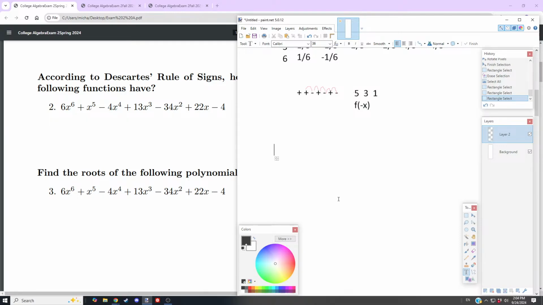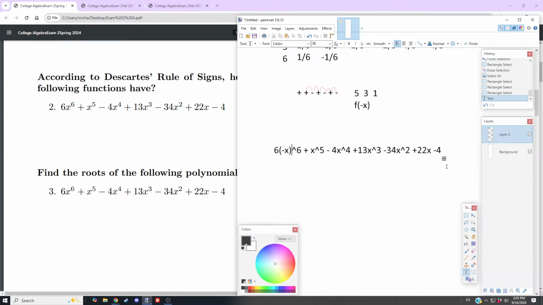So we have 6x to the 6th plus x to the 5th minus 4x to the 4th, 13x to the third minus 34x squared plus 22x minus 4. And if we plug negative x into these spots here, so we plug negative x into the function, that will flip it.